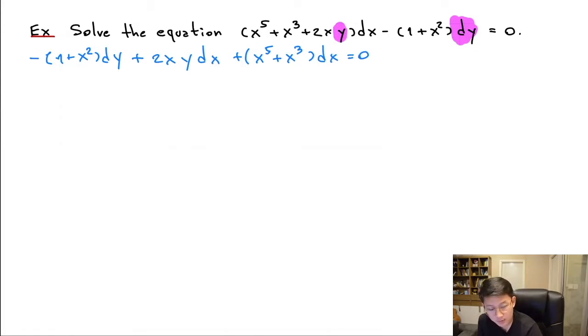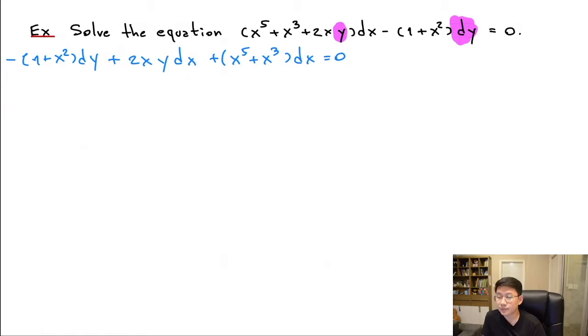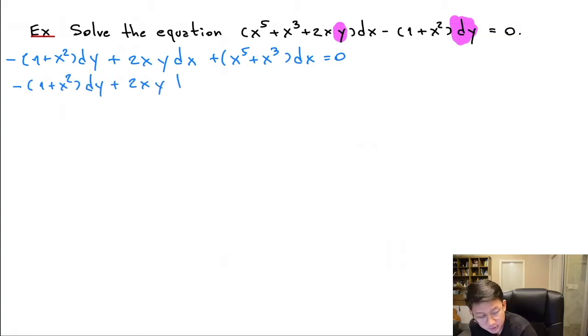Okay, let me push it a little bit to the left hand side to ensure that I have enough space for the whole equation. And after that I just move this guy to the right hand side. So what I have is minus 1 plus x squared dy plus 2xy dx equals minus x plus x cubed dx.